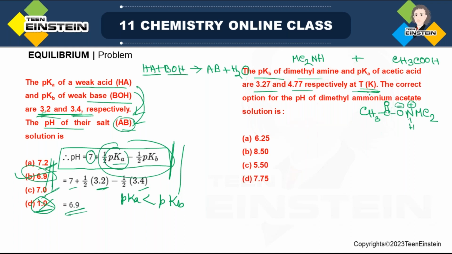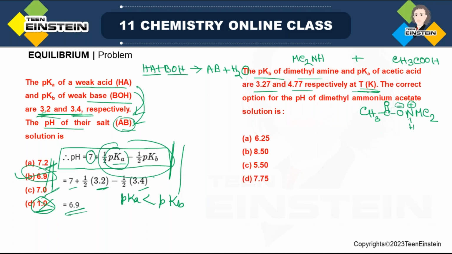But here it is mentioned T Kelvin, the exact value is not given. It is true that with an increase in temperature there is a change in the value of Kw, the ionic product of water, but it does not change so drastically. There is a slight increase, so we can ignore that. There will be no problem because the question is framed in such a way.